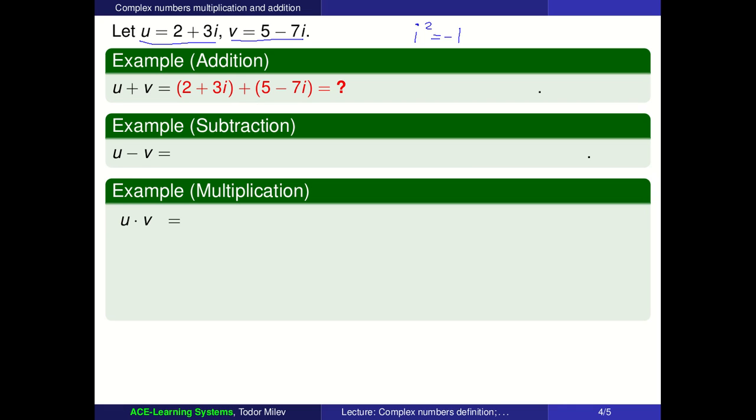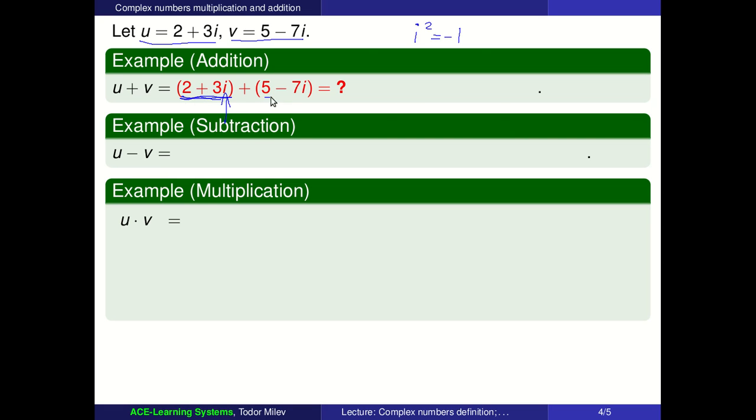I skipped the rules for addition of complex numbers, so now let me tell you how complex number addition is actually done. You want to pretend that this expression here is a polynomial or just an arbitrary algebraic expression where i is some variable.